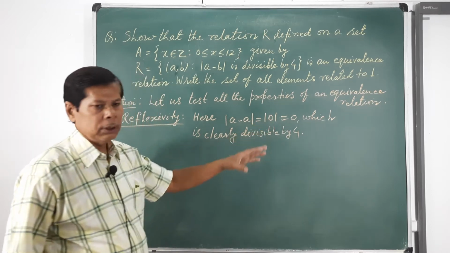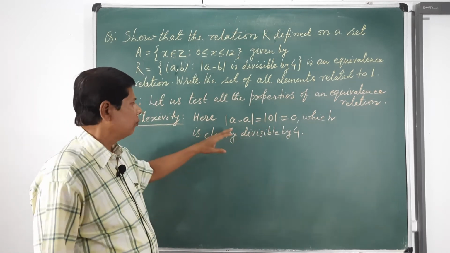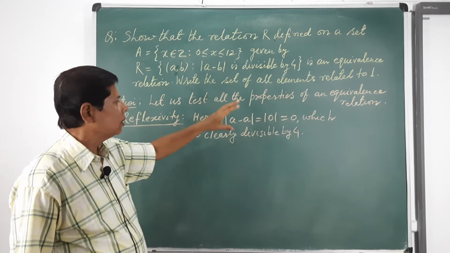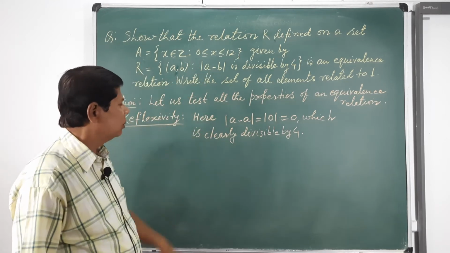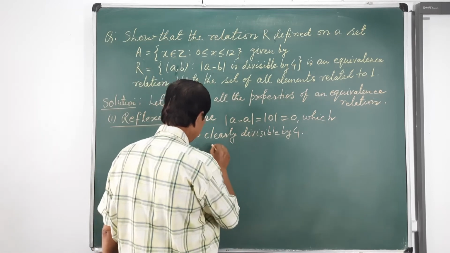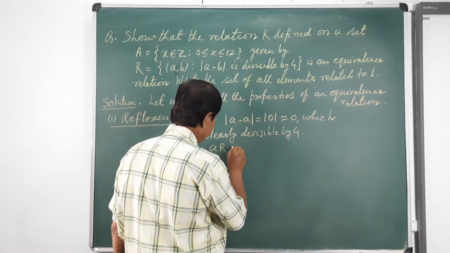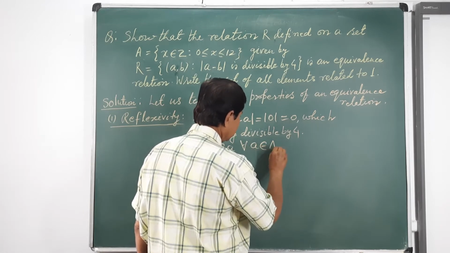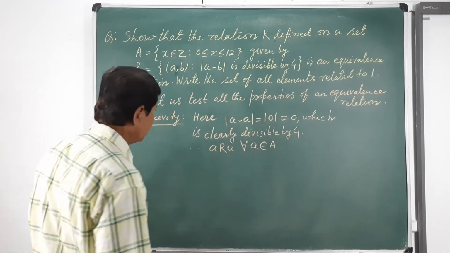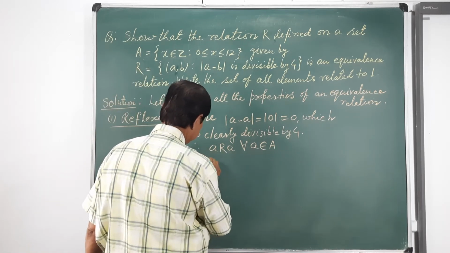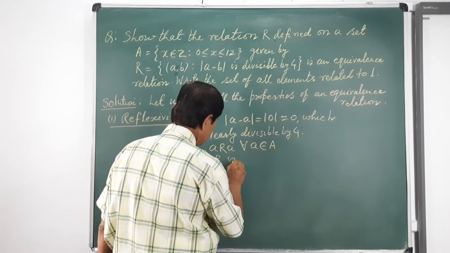As 0 is divisible by any number, therefore 0 is divisible by 4. a is an element of the set A. Therefore, we can write a is related to a for all a belonging to the given set A. So, R is reflexive.